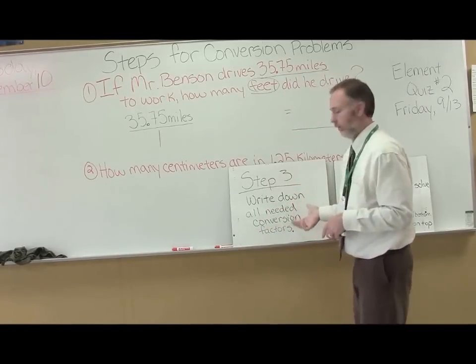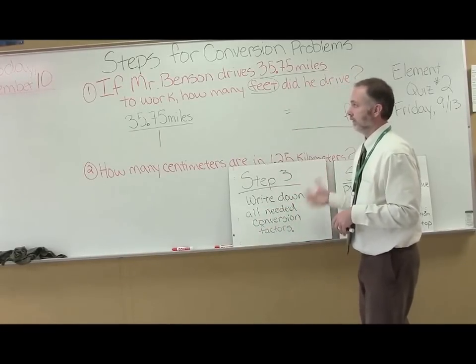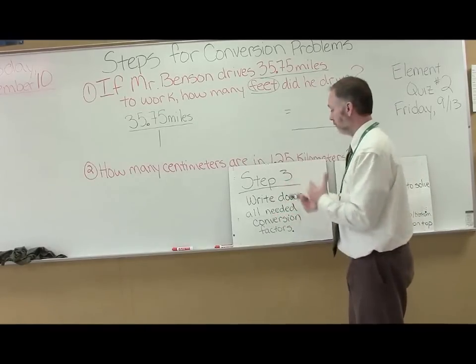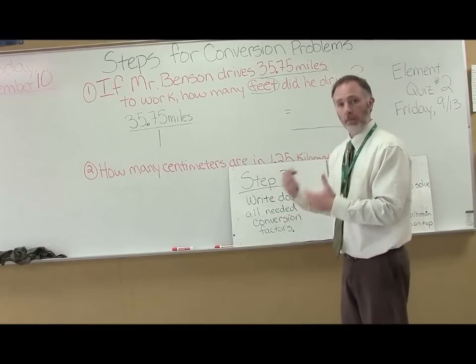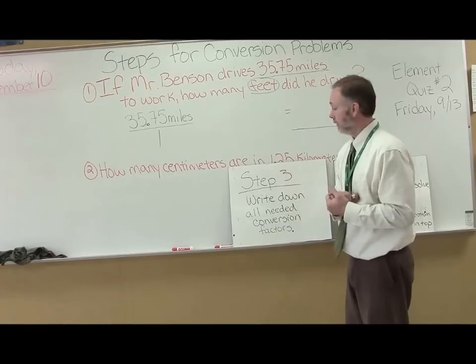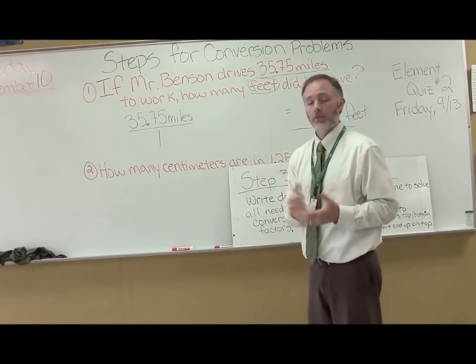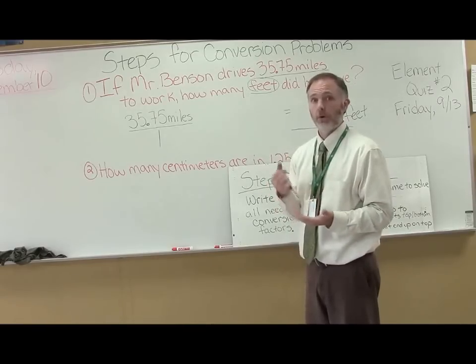Step 3, write down all your needed conversions. Now, you may not know this off the top of your head, and if you have a problem with a conversion, I might help you. I'll tell you ahead of time which type of conversions you need to know. But 1 mile equals 5,280 feet.